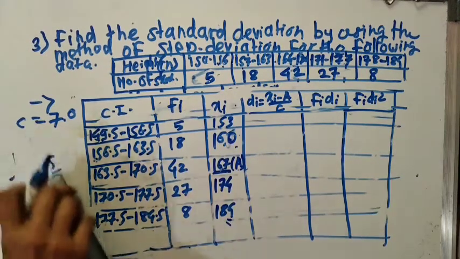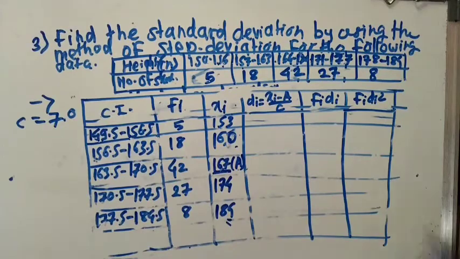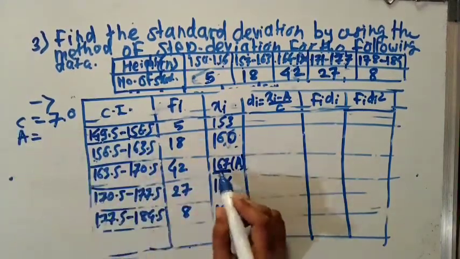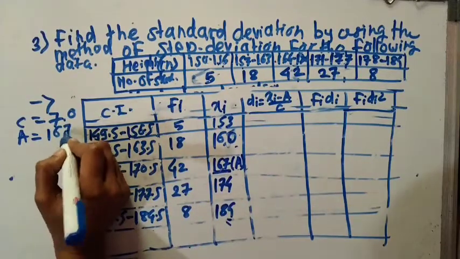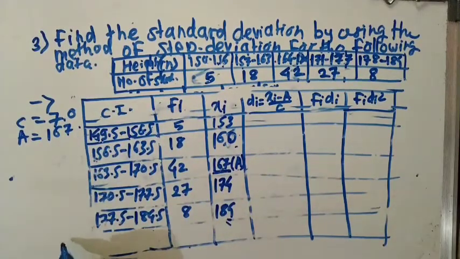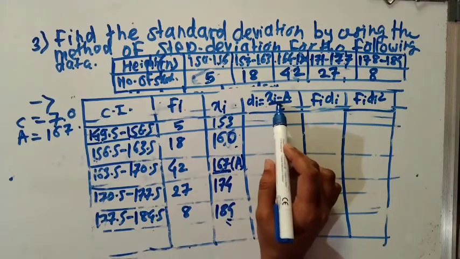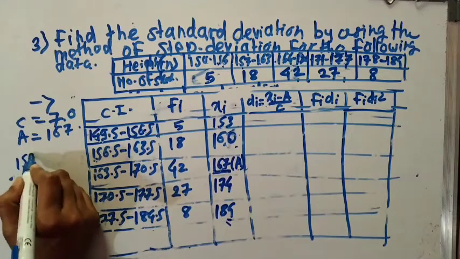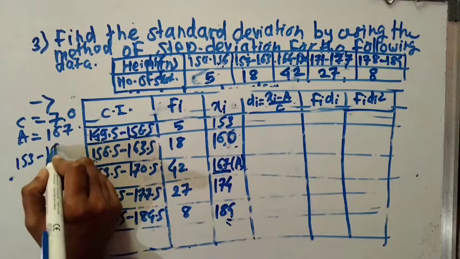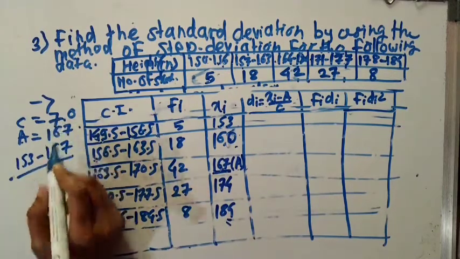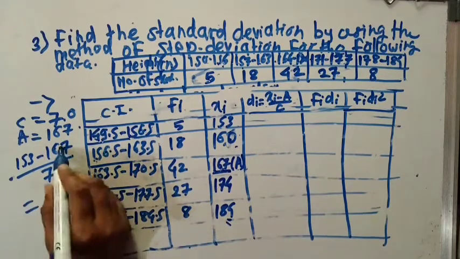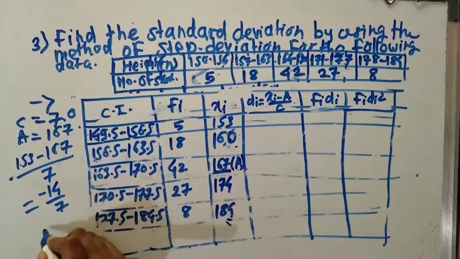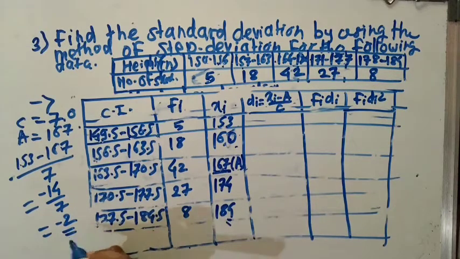Hence C means the difference between them, and A is equal to 167. A means assumed mean. Then find out di, xi minus A upon C. So xi is 153 minus A 167 upon 7, minus 14 upon 7 is equal to minus 2.